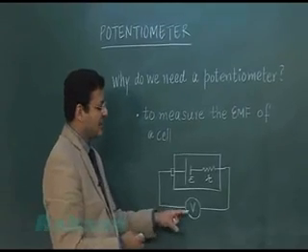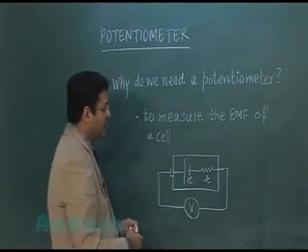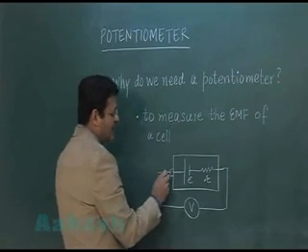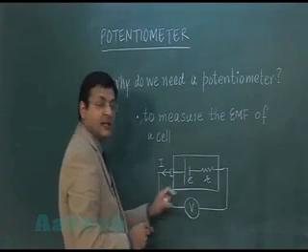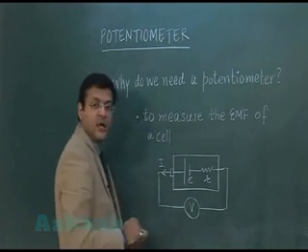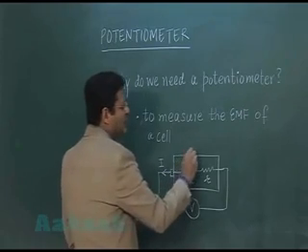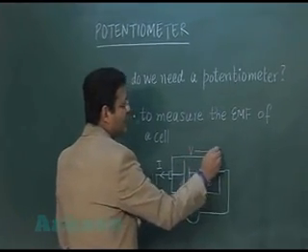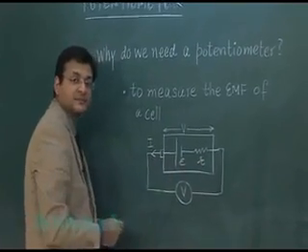So in case you connected a voltmeter to this cell, then some current will be passing, because until some current is passing, the voltmeter cannot give the reading. तो एक current pass करेगा, and when the current will pass, then you will not be able to measure the EMF, rather you will be measuring the terminal voltage across this cell.